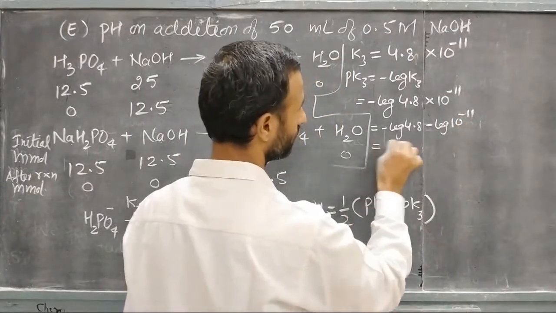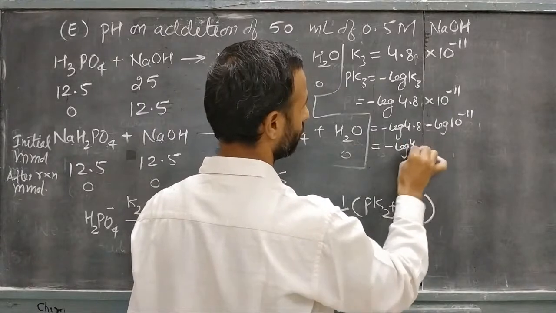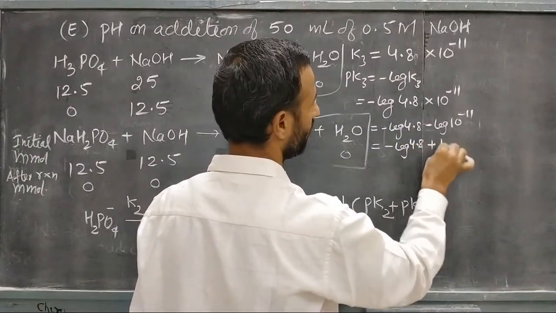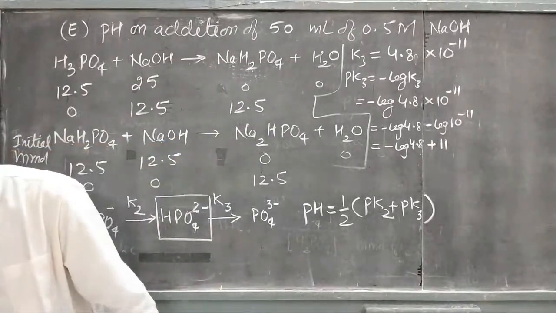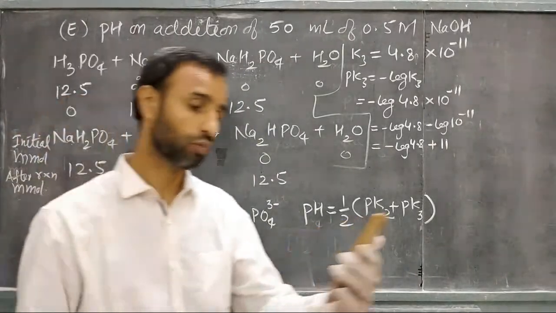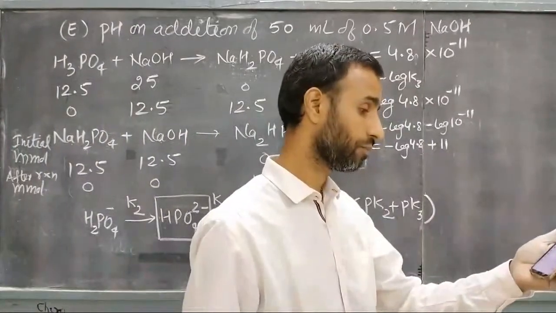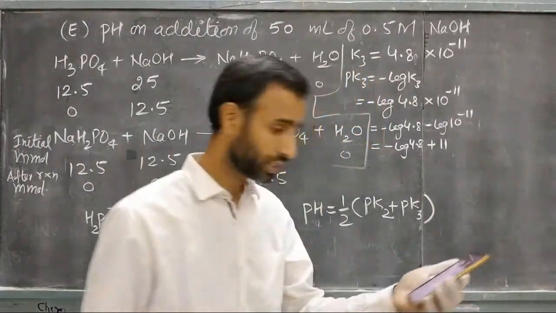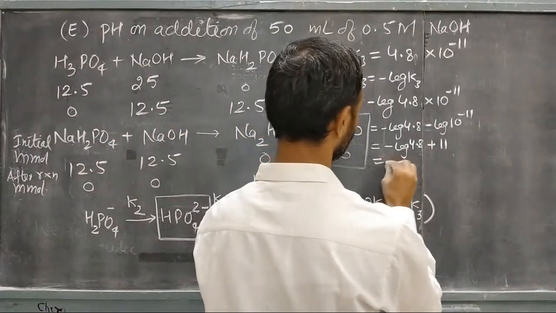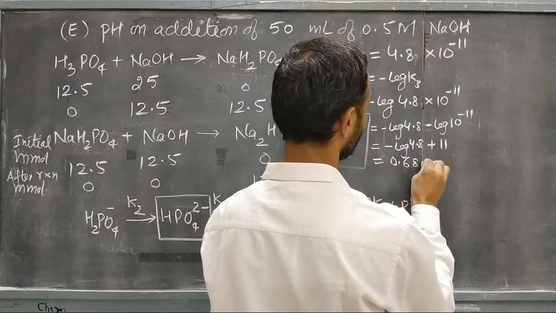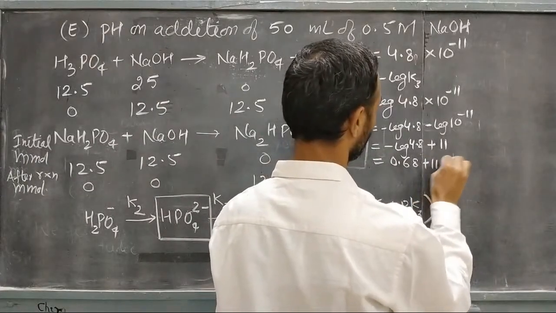So it becomes minus log of 4.8 plus 11. What is the value of log of 4.8? It is 0.68. Okay, great. So 0.68 plus 11.